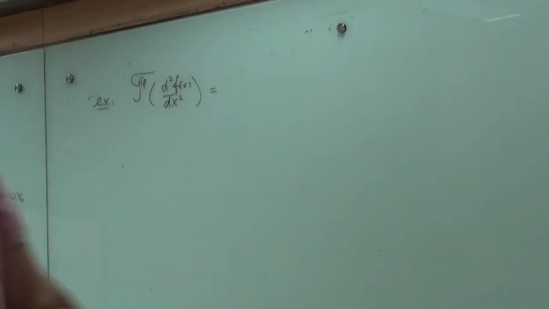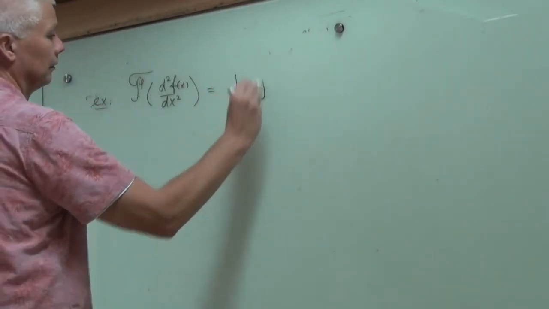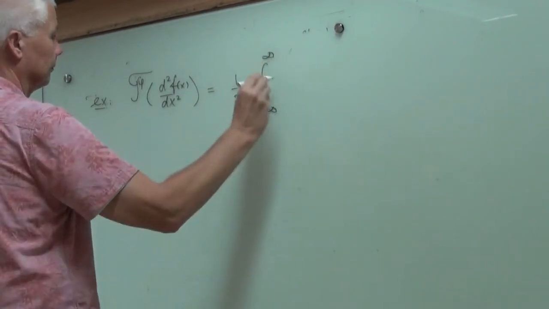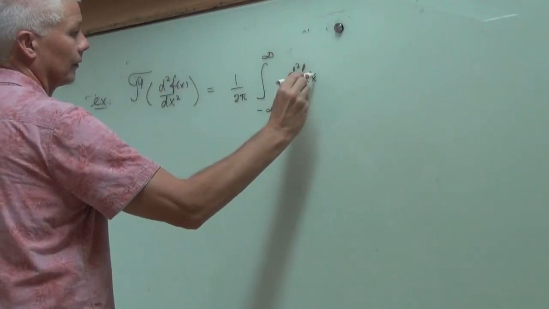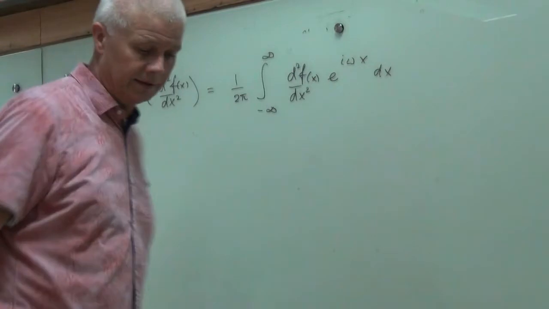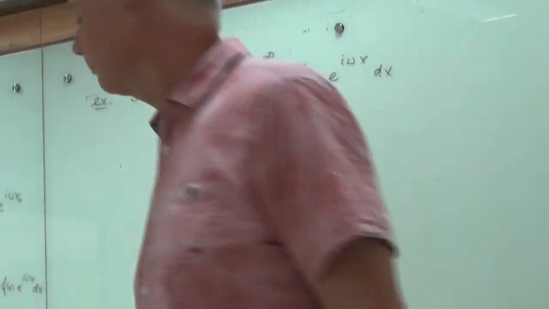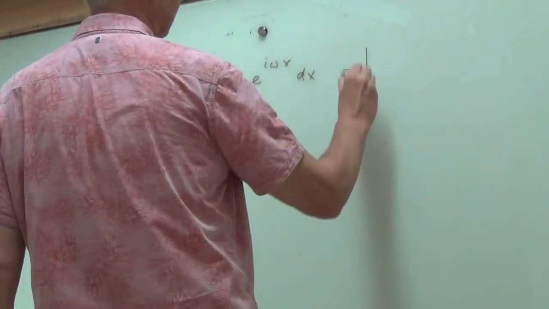I would like to know the Fourier transform of the second order derivative. Well, that's not so difficult. Write down the definition. And I get this. Again, integration by parts.